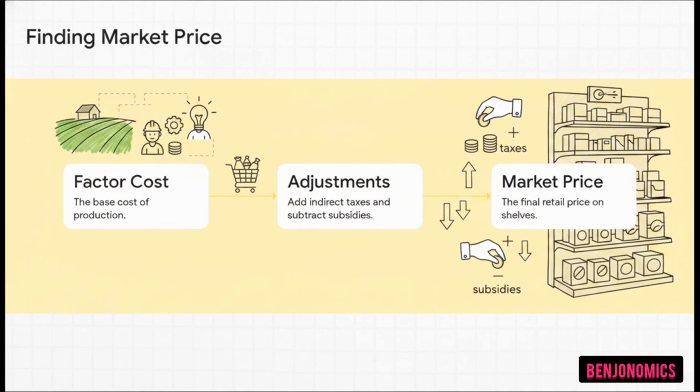To get from factor costs to market price, we have to add indirect taxes, like VAT or sales tax, because they raise the final price. But we also have to subtract any government subsidies, because subsidies artificially lower the final price. Understanding this bridge is absolutely key to reading national accounts accurately.